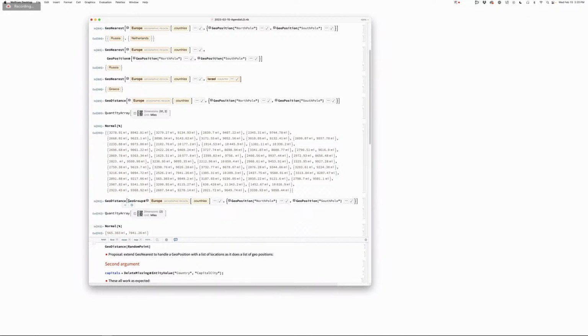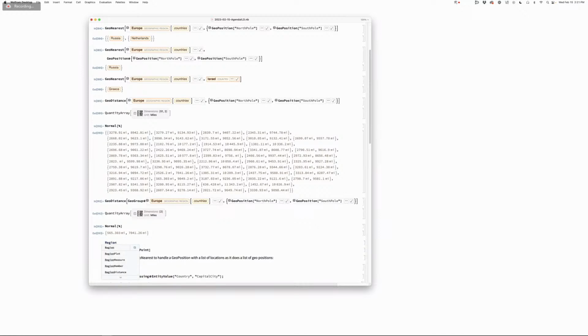You mean which exact geoposition? I want to know, is it the Dutch Antilles? Where is it? You want the geoposition in Europe that is closest to Antarctica? Yes. How do I get that? We don't have that functionality yet. But we do have it for regions, right? Yeah, it's confusingly called RegionNearest, I think.